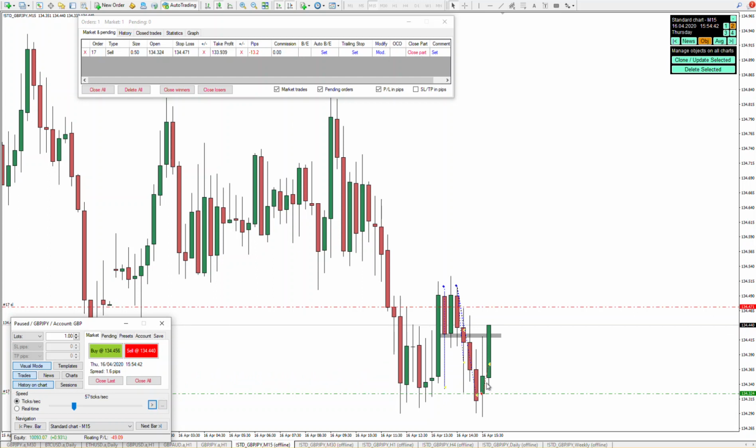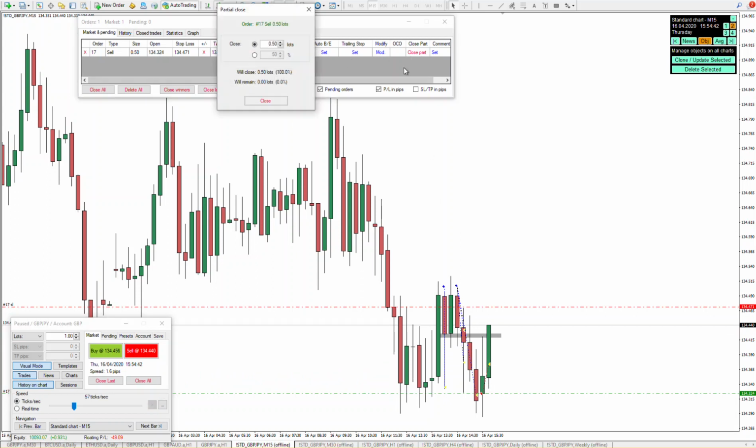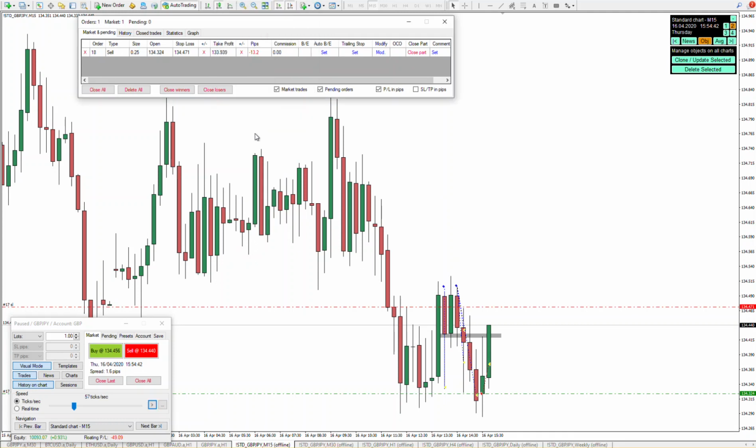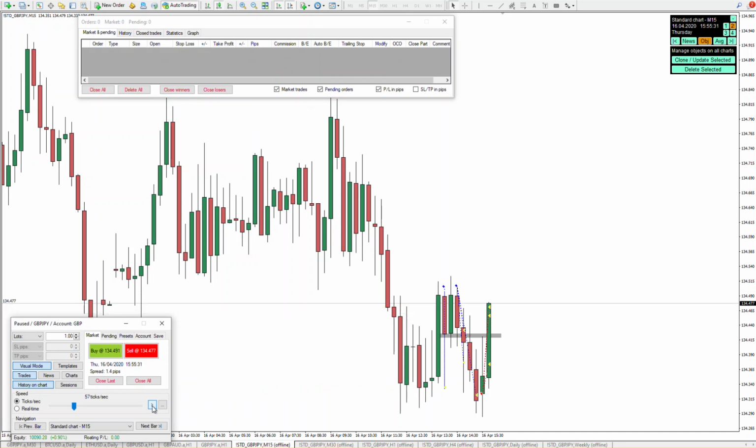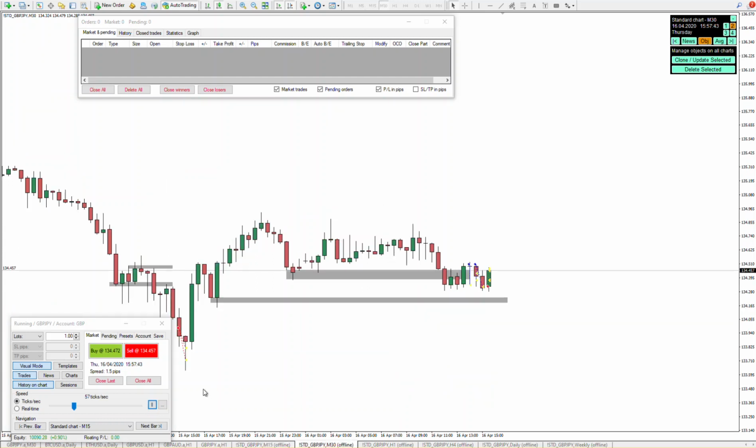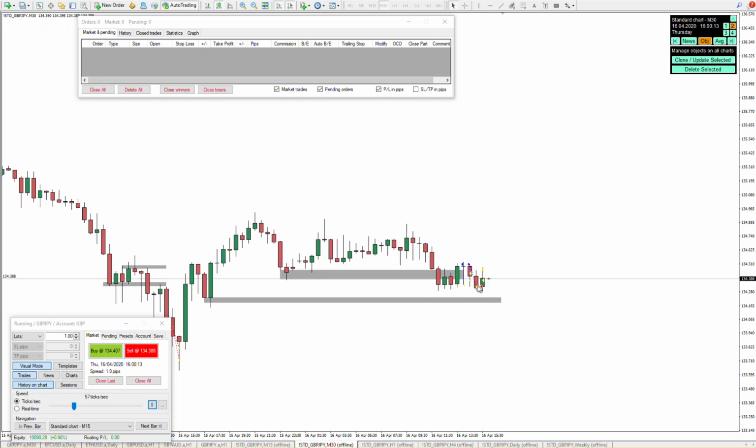Let me close another 50% because we broke the high. So, beautiful. I knew it was a high risk trade because we didn't have a lot of room there.